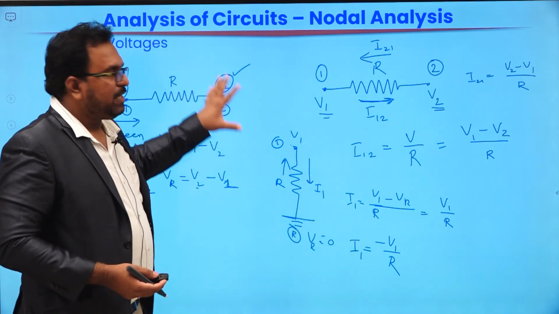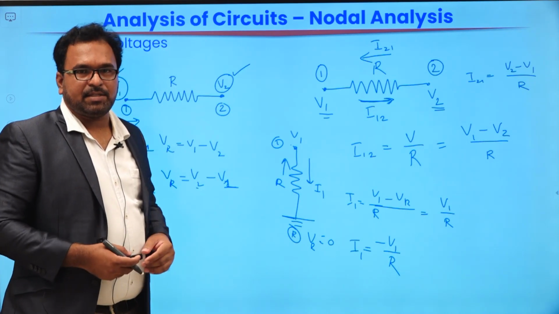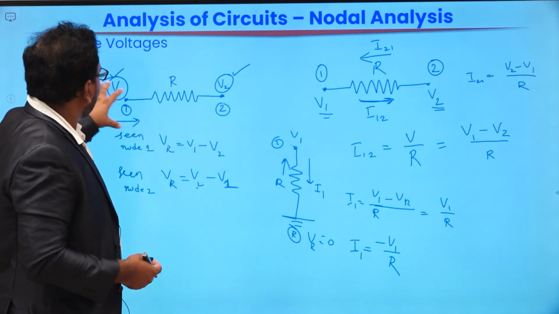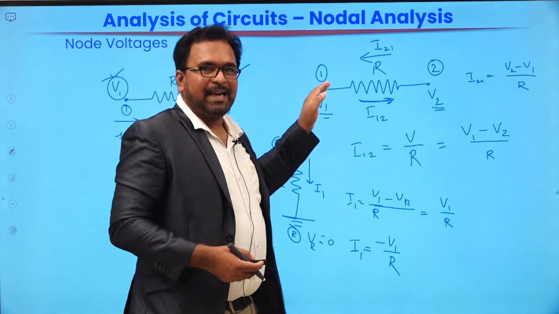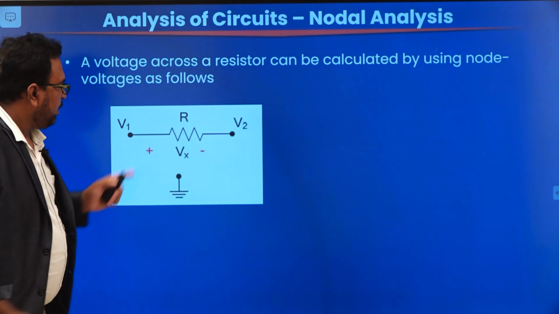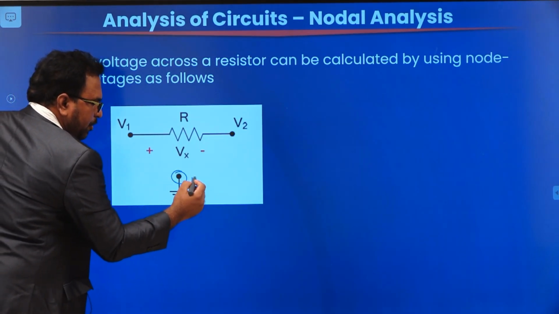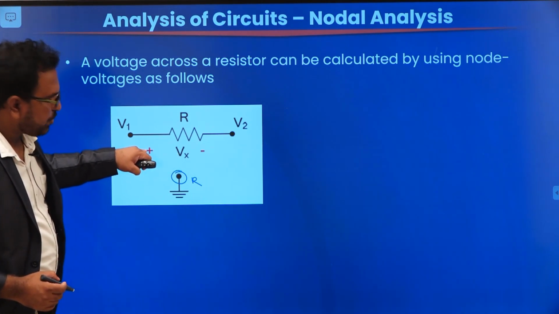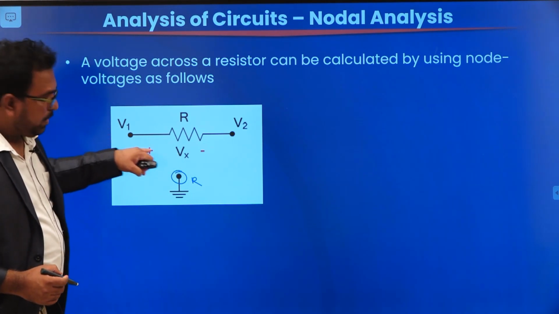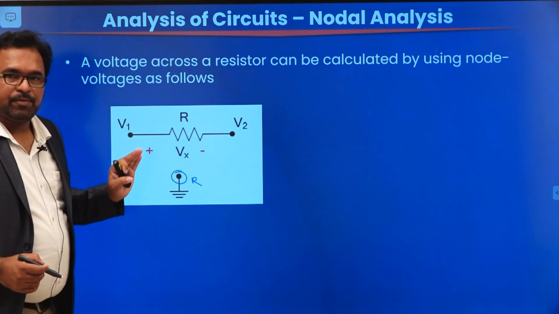These are the things you have to know before going into nodal analysis: how to calculate the node voltages and how to calculate the current between two nodes. Here R is connected between two essential nodes, and this is the ground or reference node. What is Vx? The positive sign is given towards V1 and the negative sign towards V2, so V1 is positive, V2 is negative.